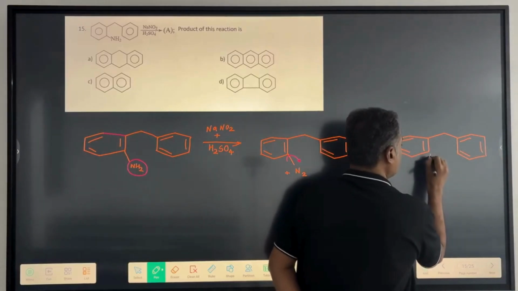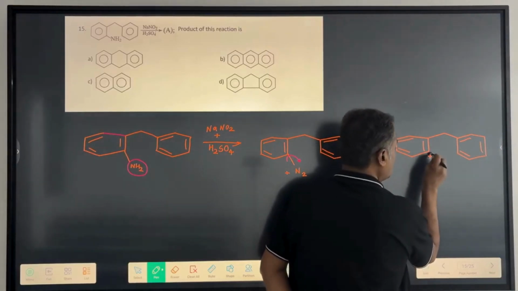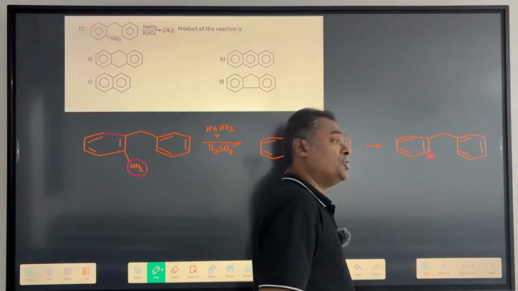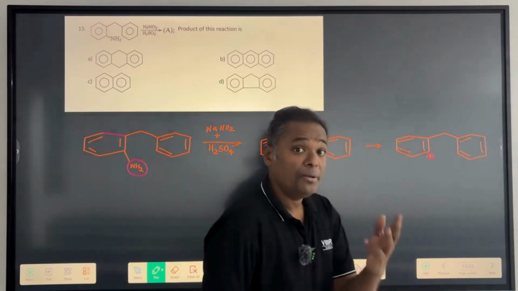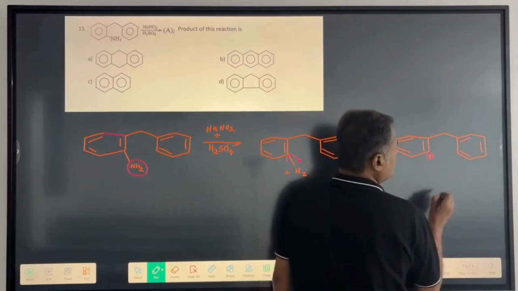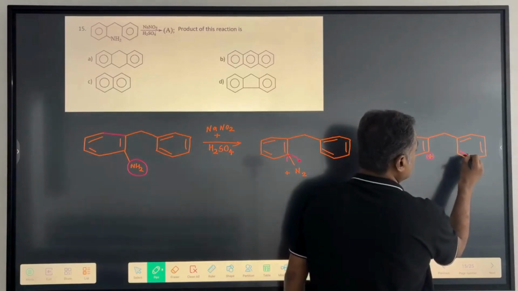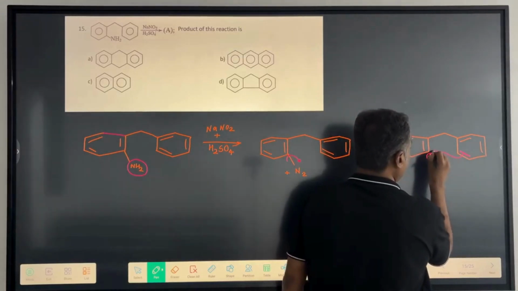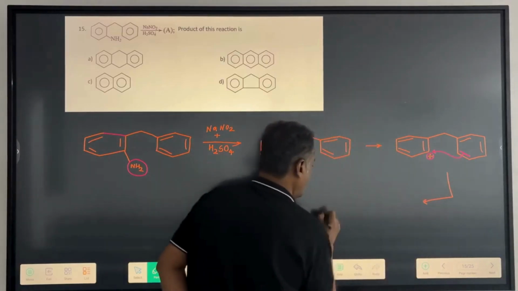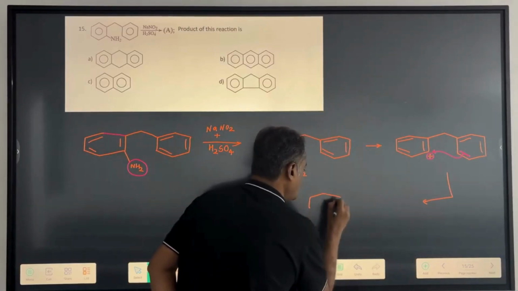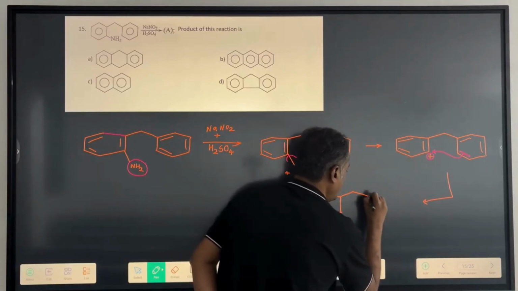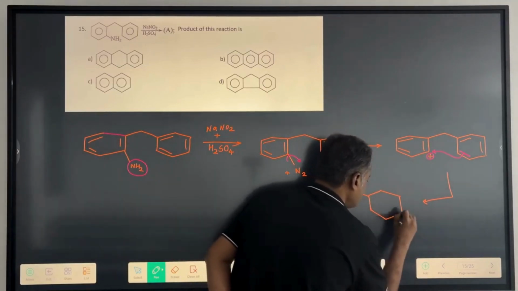Now here you have got a plus charge, and you know that benzene likes to undergo electrophilic substitution. So here this is an electrophile, this will be a nucleophilic part. So this pi bond will go and connect to this carbon atom. So the structure would look like this, where you have a benzene ring type of nucleus, this group, again a benzene type of group.